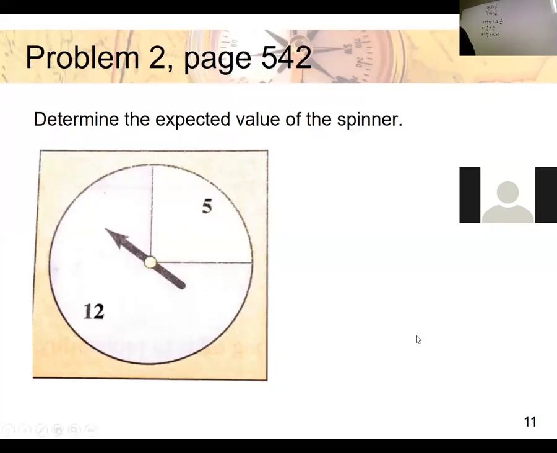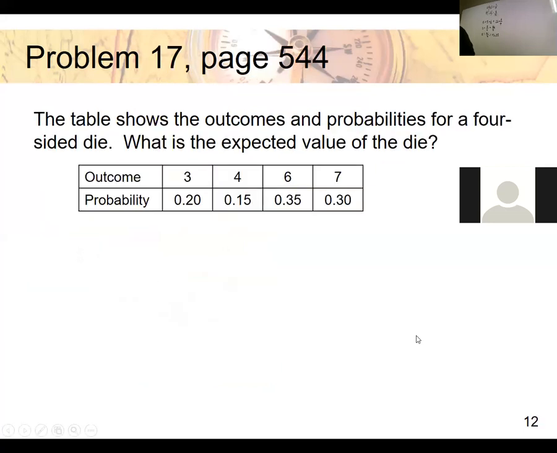All right, let's look at this next problem here. The table shows the outcomes and probabilities for a 4-sided die. What is the expected value of the die? And here's that table.